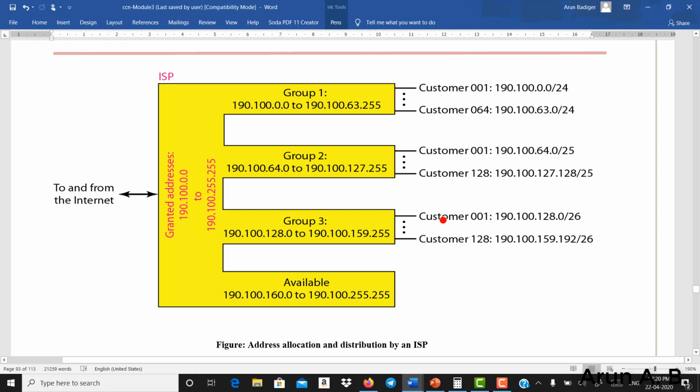And group 3 started from 190.100.128 and it went on up to 159.255. Here we are showing the customer address, which means the very first IP address which is assigned, and the total available IP addresses are from 190.100.160.0 to 190.100.255.255. Okay, thank you for your patience listening.